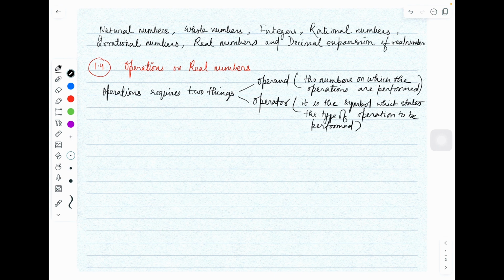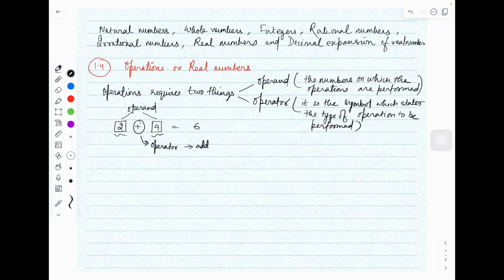See, take an example, I am doing a calculation: 2 plus 4 equals 6. These two, 2 and 4, are operands. We are performing an operation on these two numbers. This is the operator, the addition operator.